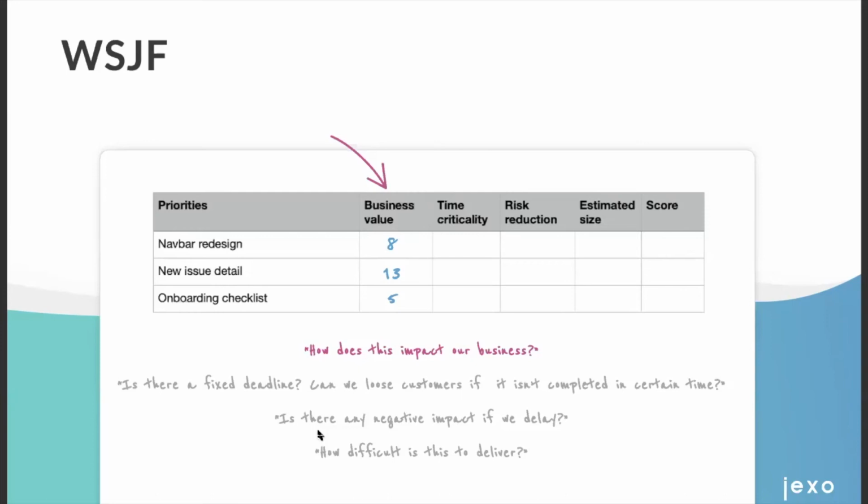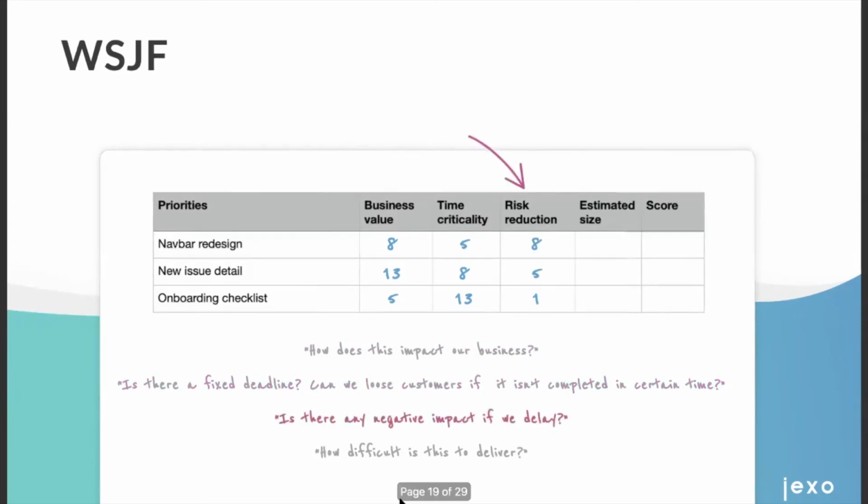With this framework, you're going to ask 4 key questions to fill the required metrics. In the first one, you need to figure out the impact the task would have on the business. The next one will help you clarify if there is any fixed deadline or dependencies, or if we would lose the customer if we don't deliver sooner or later.